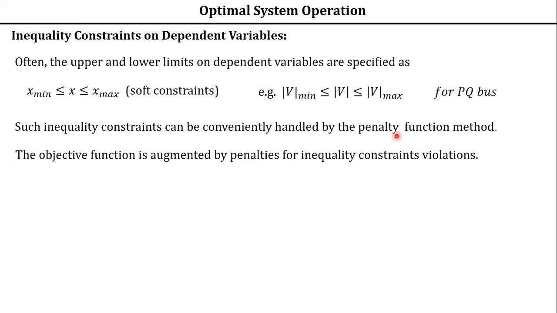Is it clear? That is the reason the objective function is augmented by penalties for inequality constraint violation. If it violates, then only you have to augment it with your penalty. That means if you are paying beyond the last date, then only you have to pay the fine. Otherwise, no need to pay the fine. What is the amount you have paid? 500 rupees.